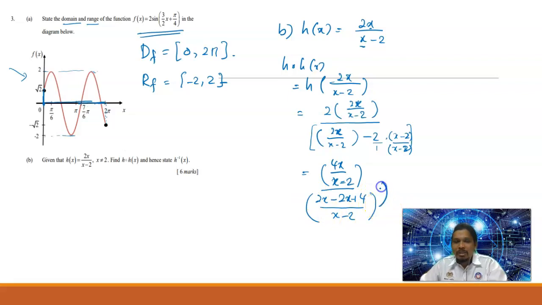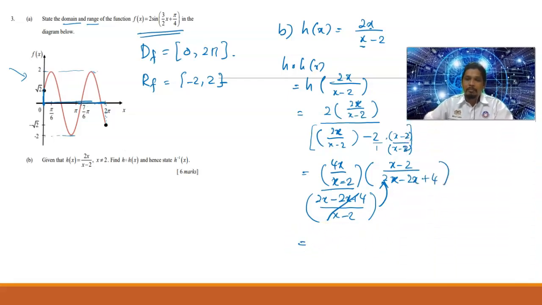Then next, bring the denominator from above here and turn the position upside down. They now become x minus 2 divided by 2x minus 2x plus 4.